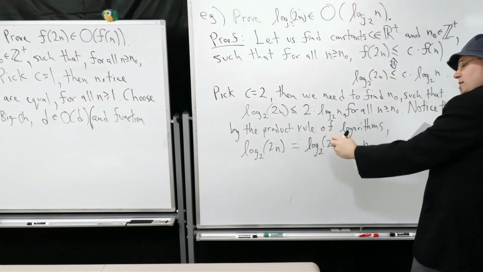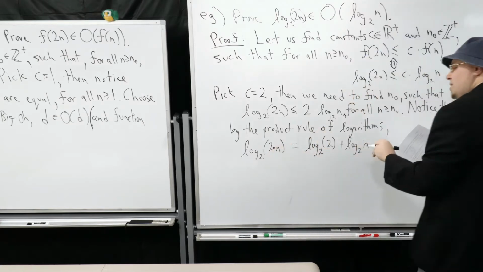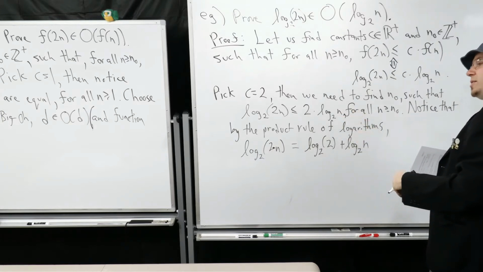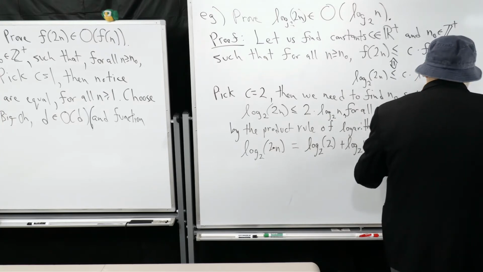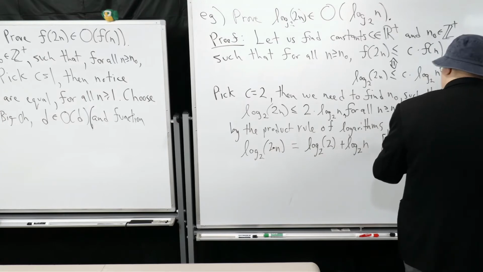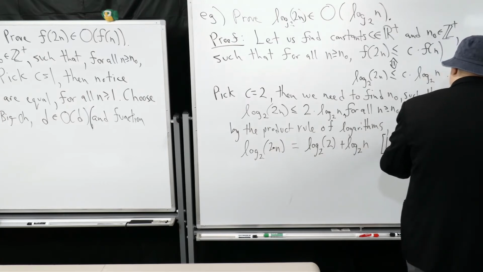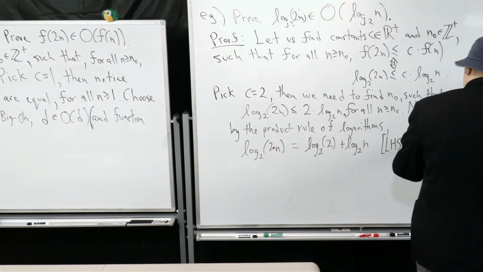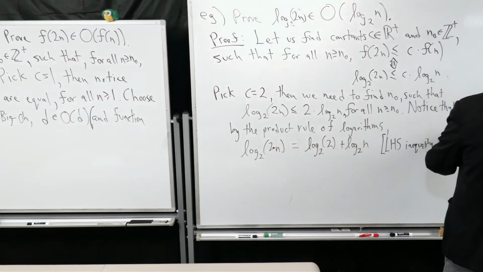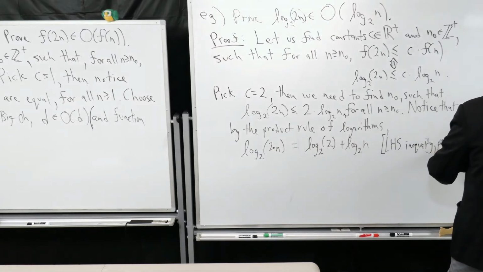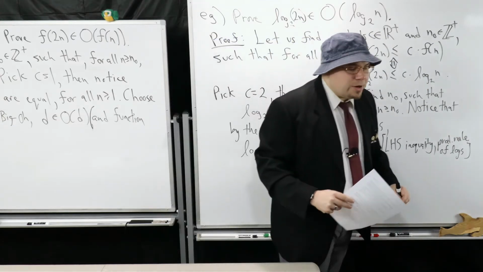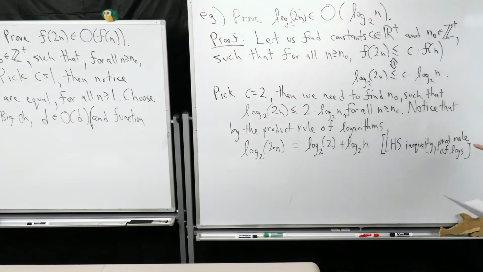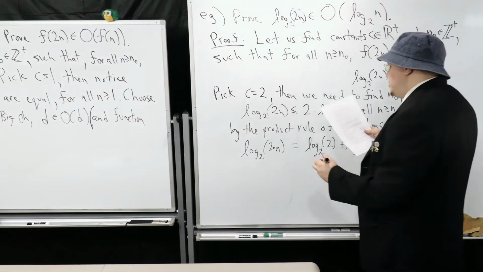So I've split the product; remember, this is a product in here, 2 times n. That's often called the product rule of logarithms. This is the left-hand side of the inequality, and I'm going to use the product rule. It's usually a good idea, when you're writing out a chain of inequalities, to write out your reasoning on the right-hand side, or at least across the equals or inequality signs. It makes it easier to understand what you're trying to say.